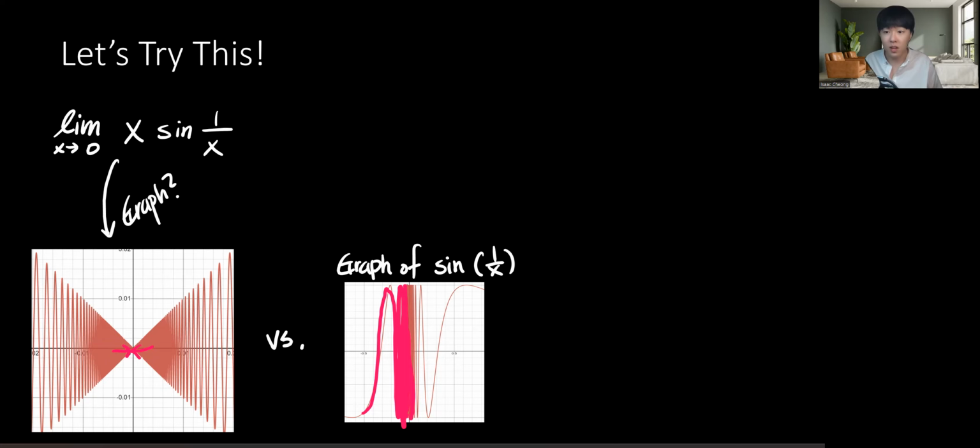The left limit can be -1, the left limit also can be 1. The right limit can be 1, or the right limit also can be -1. We cannot define our left limit and right limit, therefore the limit does not exist.